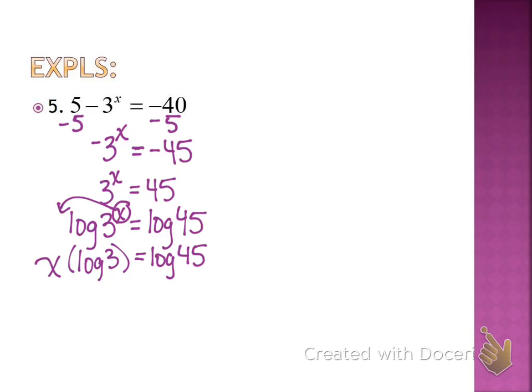And now we're ready to divide by log 3 on both sides. Now, even though 45 is nicely divisible by 3, and you might be really tempted to do that, don't. They both have their own log. Just type it into your calculator like we were doing before. So log 45, close your parentheses, divide by log 3, and what do we get?